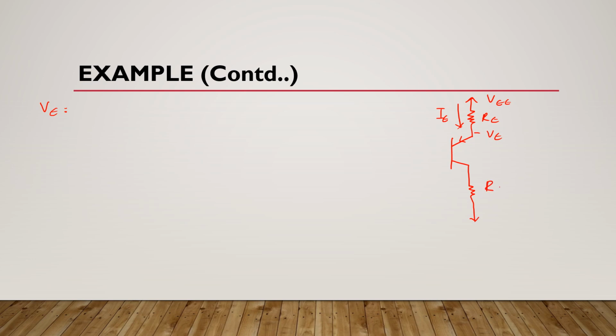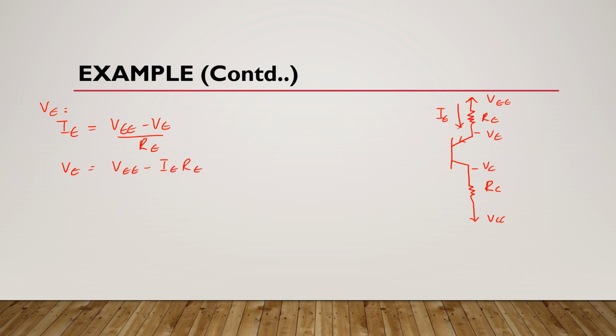This is RC. This is VCC, and here we have VC. Okay. Now here the formula of emitter current is VEE minus VE divided by RE, and if we rearrange this equation we get VE is equal to VEE minus IE RE.